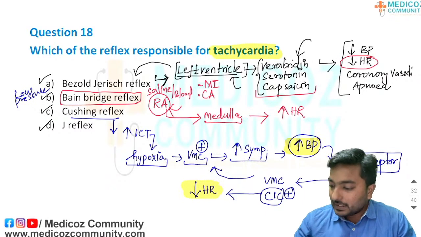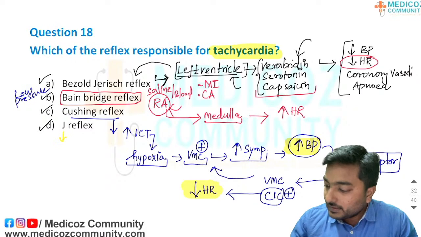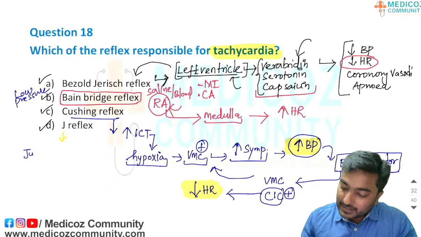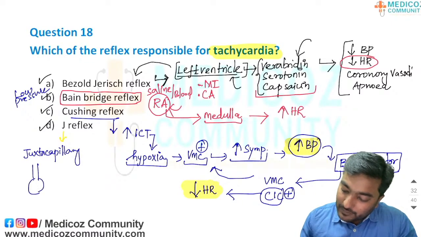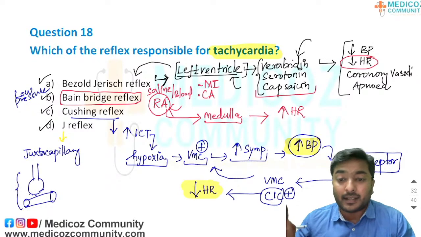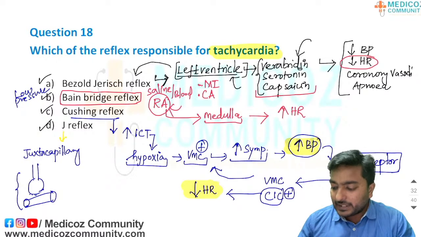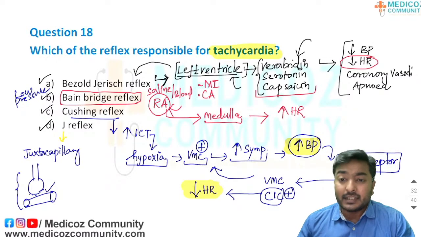Okay. And option D, J reflex. The location of this is the juxtacapillary receptors in the alveolus. For example, this is the alveolus and this is the capillary. You will find this receptor in the alveolus, and these receptors won't get stimulated in normal physiological conditions, rather they get stimulated in diseases involving the interstitium or any fluid collection in the interstitium.